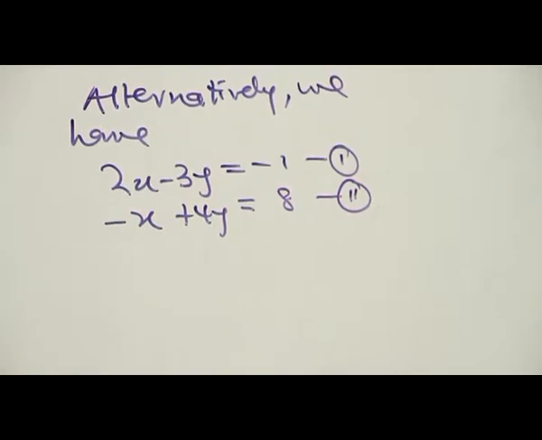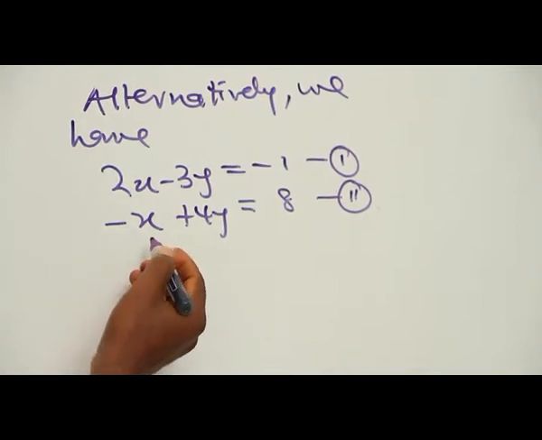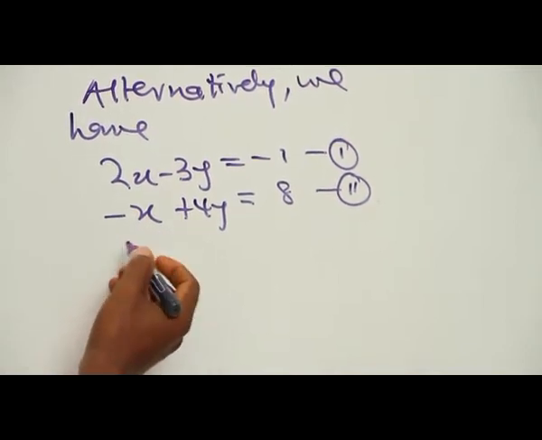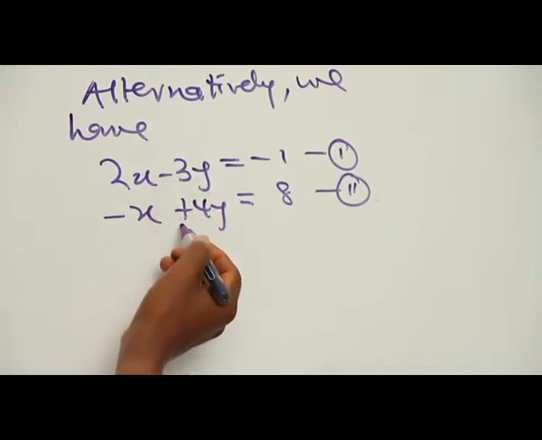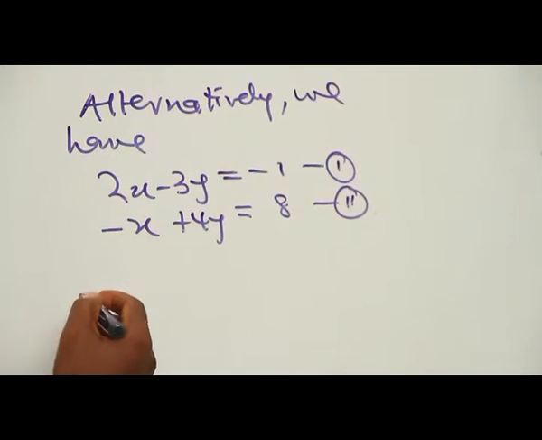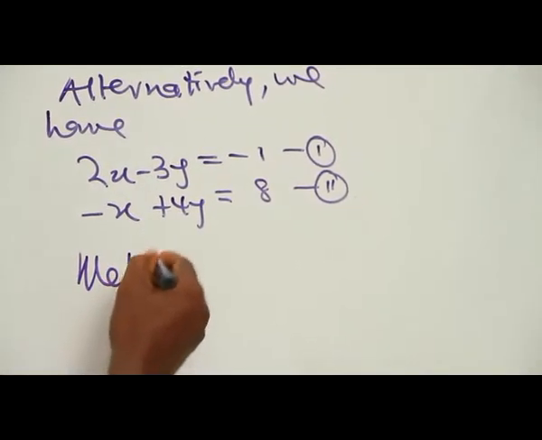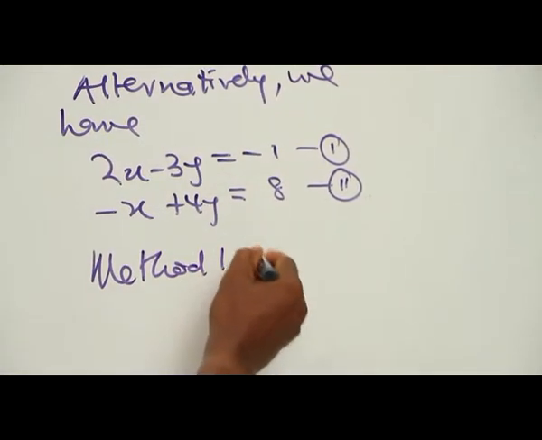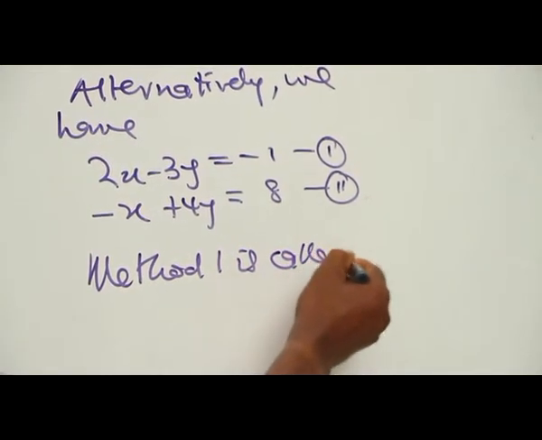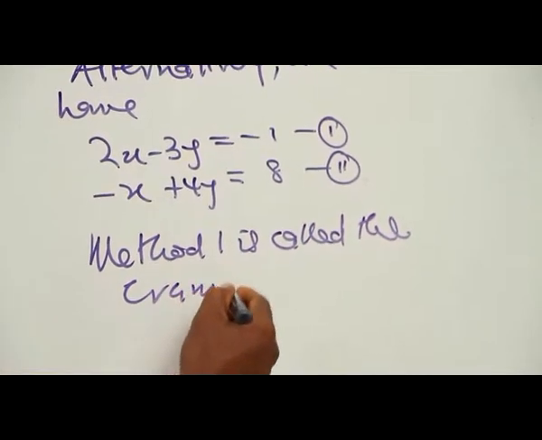You can solve equation 1 and equation 2 simultaneously, a fact or a knowledge that you are conversant with at this level. So you solve this equation and this equation simultaneously. The first method I use is called the Cramer's rule. The method 1 above, method 1 is called the Cramer's rule.